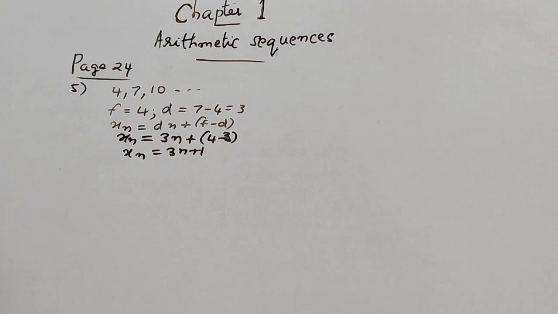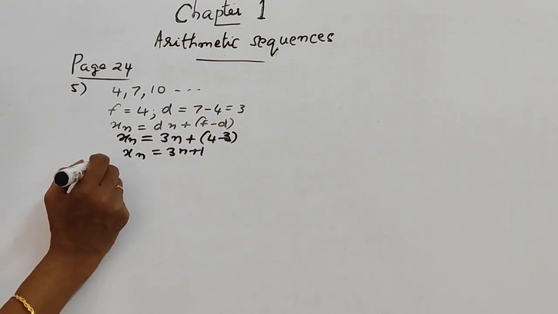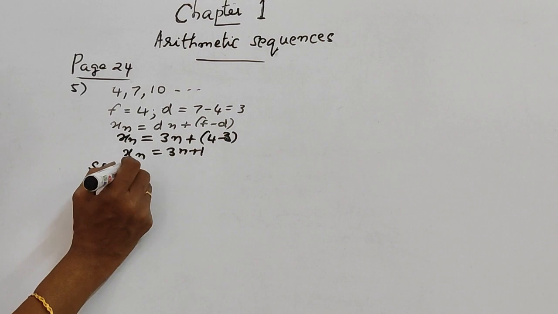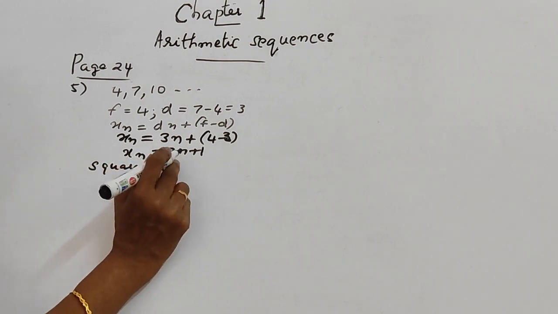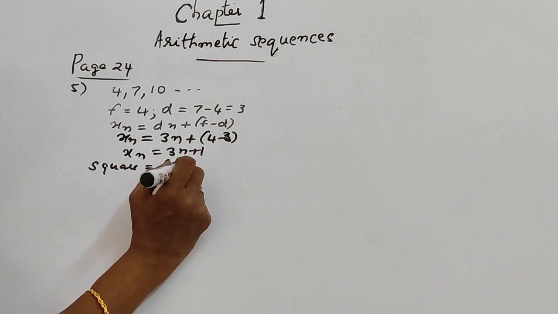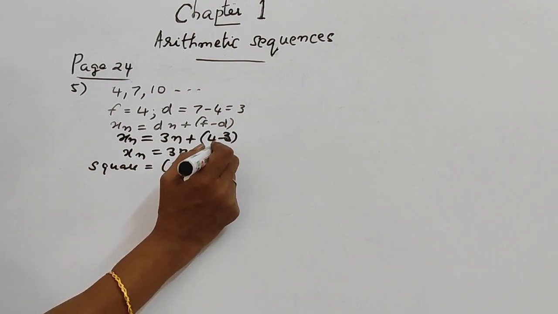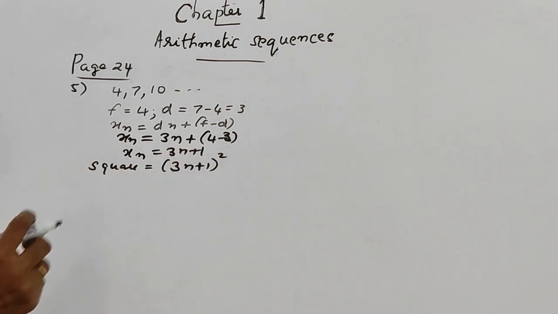Now, what is to be proved? You have to find the square of this sequence term. Square is equal to 3n plus 1 the whole square. We can expand using the identity. What is 3n plus 1 the whole square?